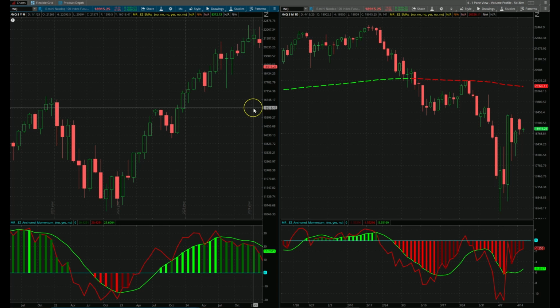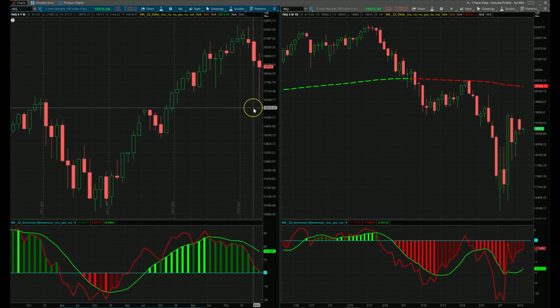And what happens next? Boom. We kind of know what happens next because we're living it. That selling actually got accelerated here. The buyers came in, there was no pushback here.